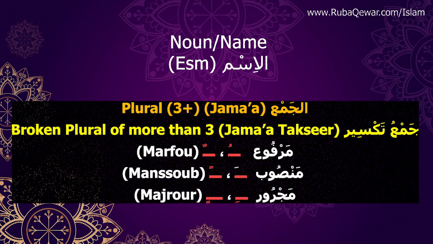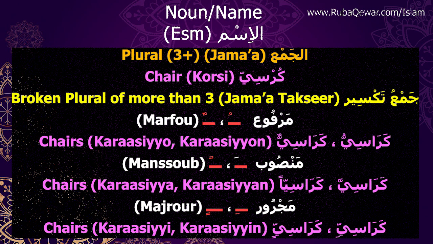Okay. So it has no rule. It really depends on the vocabulary. You have to memorize them. And also, it is treated in grammar only, of course, not in the meaning, in the grammar as singular, as a mufrad. So if I have like karasi, if it is marfu', I put dhamma.